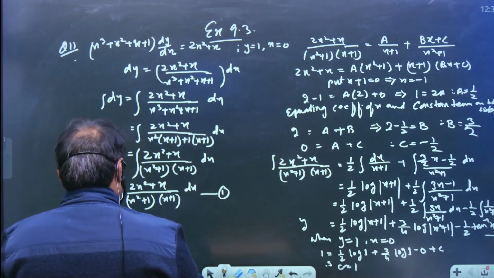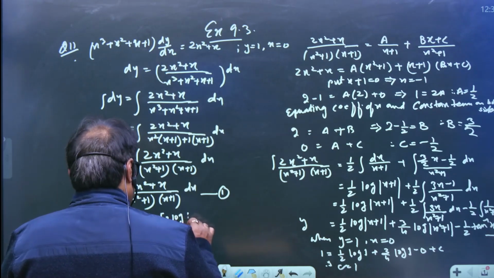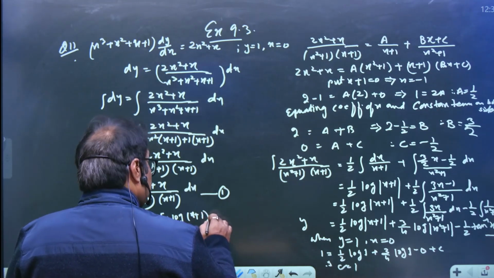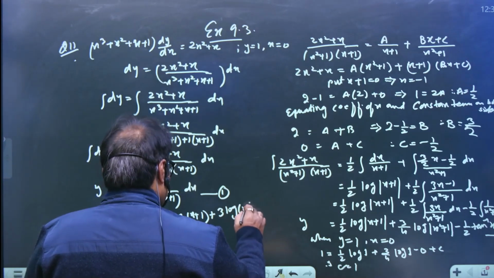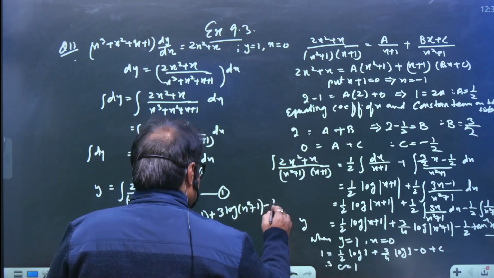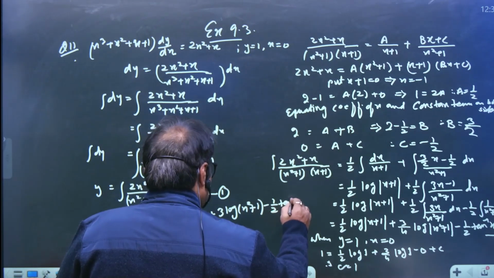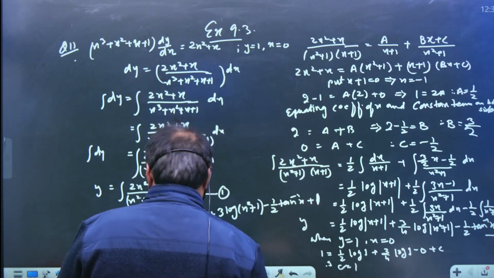So this is 1 by 4 into 2 log of x plus 1 plus 3 log of x square plus 1, and minus 1 by 2 tan inverse x, and plus the value of c is 1.